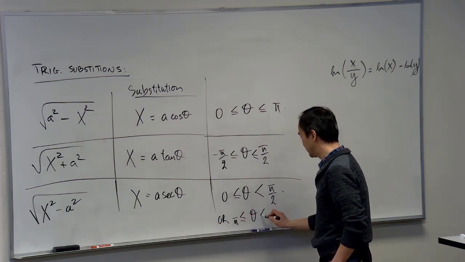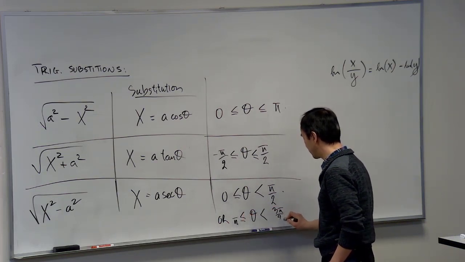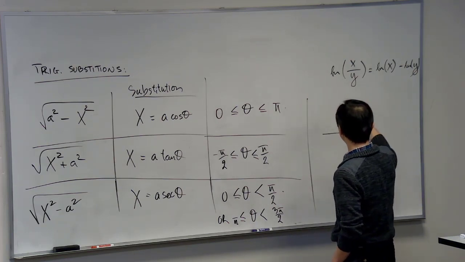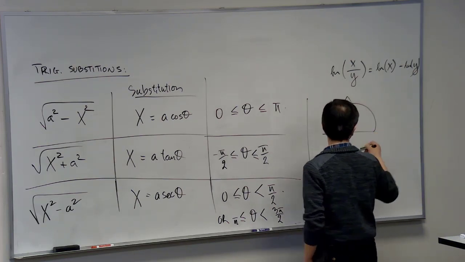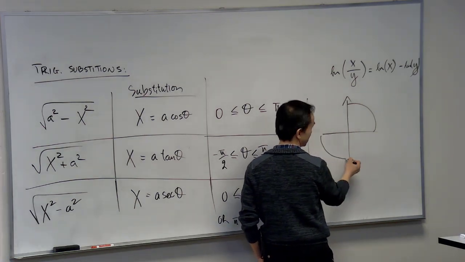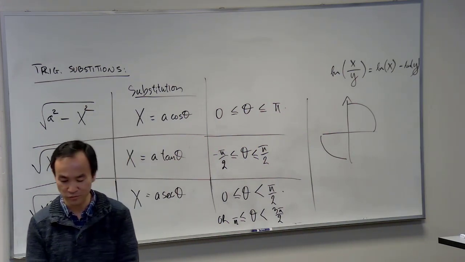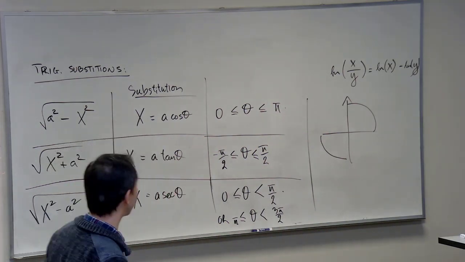So we're talking about the unit circle, where either we only have the first quadrant, or we're in those two quadrants for your angle theta. That's just to fulfill the inverse relationship requirements.